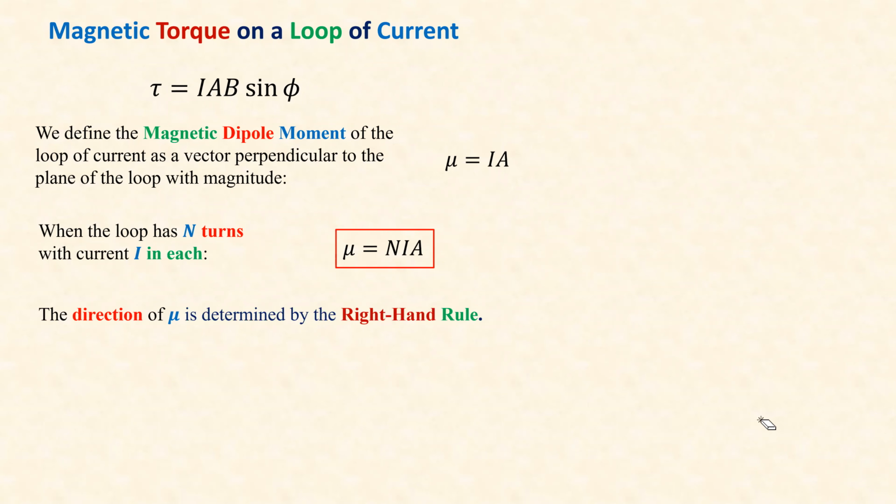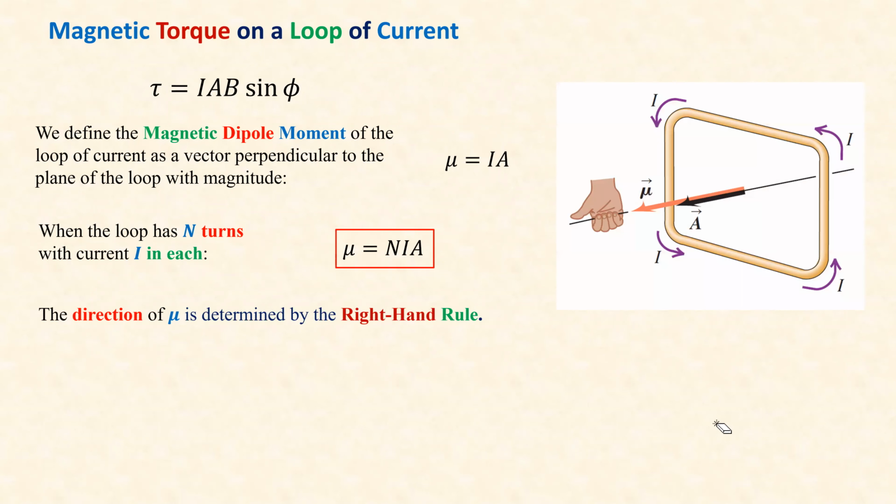The direction of mu is determined by the right-hand rule. So if you have a loop like that and current going through it like shown in the figure, then the direction of mu can be determined by the right-hand rule like that. You put your four fingers going around like the current through the loop, and your thumb shows the direction of mu.